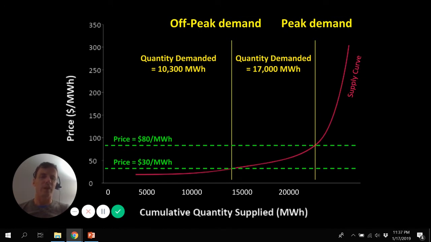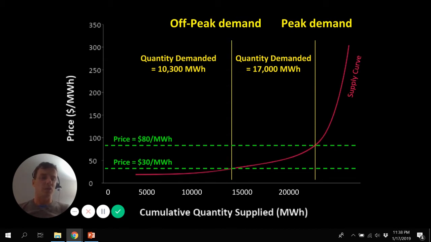We can also look at how prices change during those afternoon hours in the middle of the summer when everybody's using their air conditioner. So quantity demanded goes up, which means the vertical, perfectly inelastic demand curve shifts outward to the right, and it increases to about 17,000 megawatt hours.